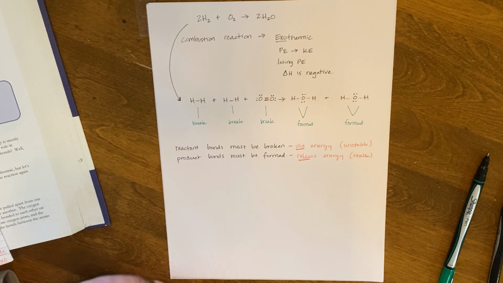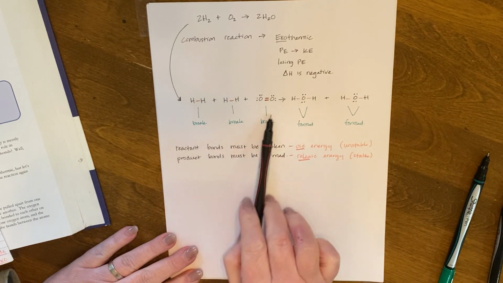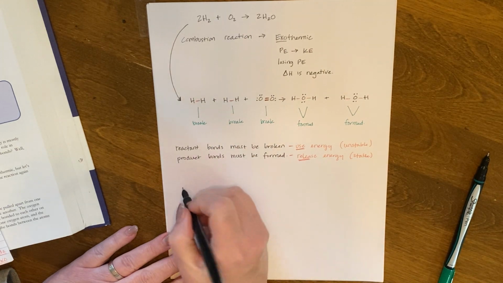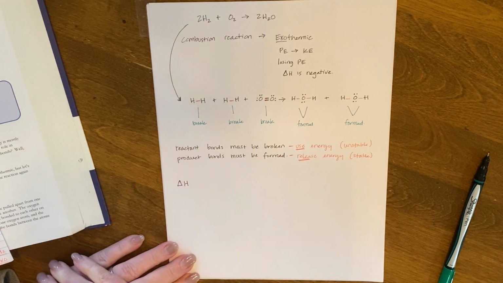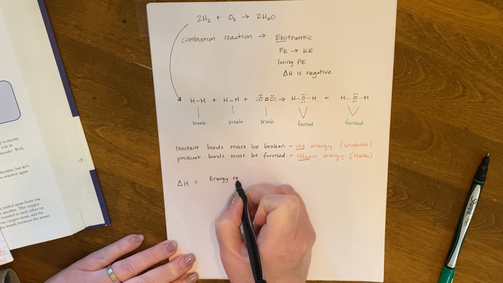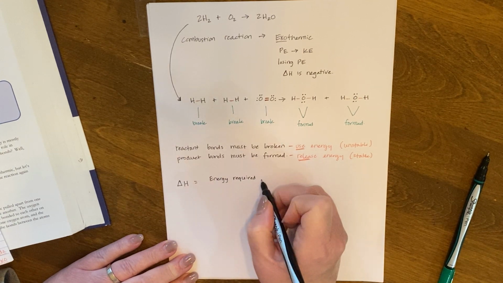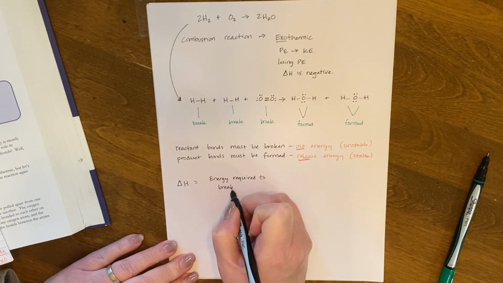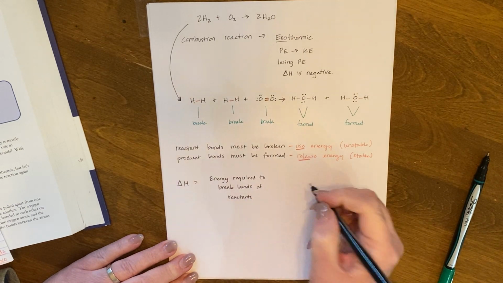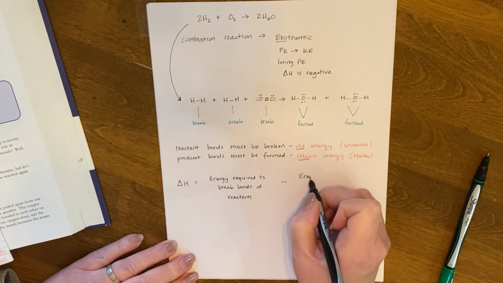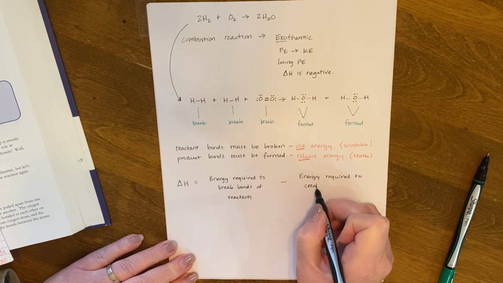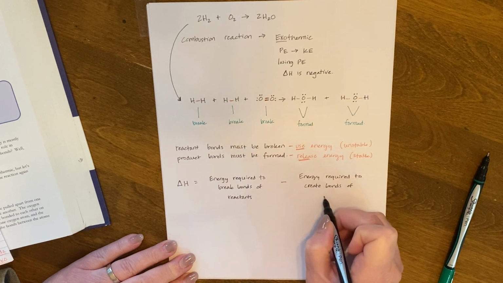Okay, so to calculate the change in energy from our reactants reacting to new products being formed, what we do to calculate that change in enthalpy is we take all the energy that's required to break the bonds of the reactants, and we subtract the energy required to create the bonds of the products.